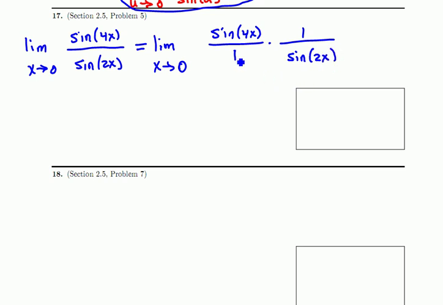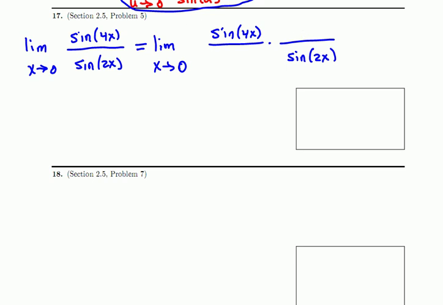So now if I want to make this look like sine of u over u, well, I'll need a 4x in the denominator. Well, I can't put a 4x in the denominator unless I compensate by putting a 4x in the numerator. So I'm going to do that right now.